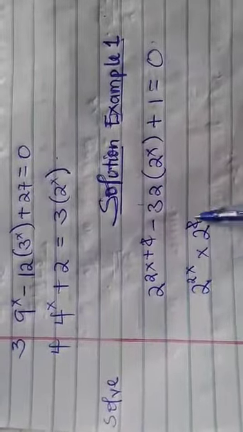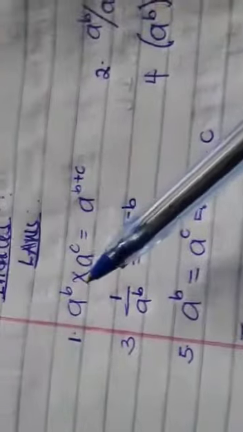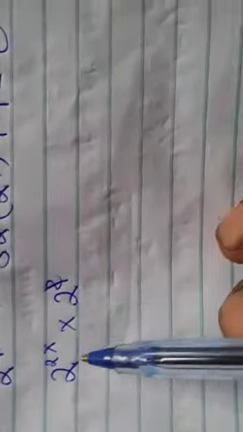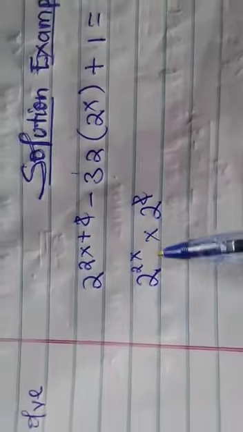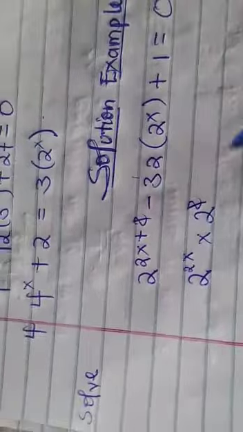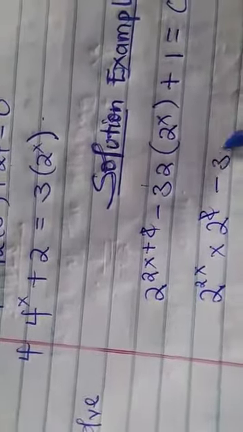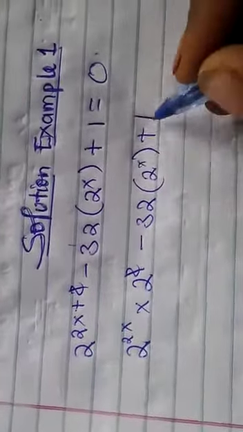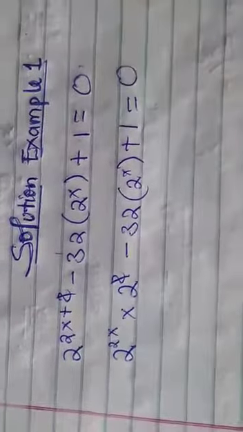This comes from the first law, which I informed you. When I'm multiplying numbers of the same bases, I pick one base, 2, then I add the powers, 2x plus 8. Then this is minus 32 into 2 power x plus 1 equivalent to 0.